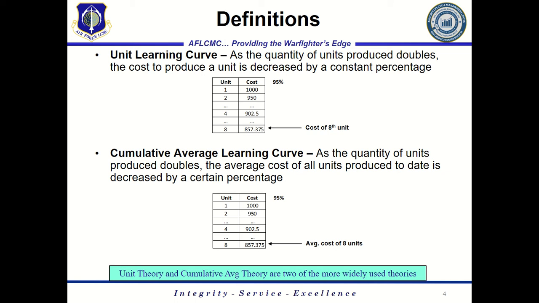After the second unit is produced, the average cost of the first 2 units is $950. And then again, after the fourth unit is produced, the average cost of the first 4 units is 902.5. And again, at 8, the average cost of all 8 units.